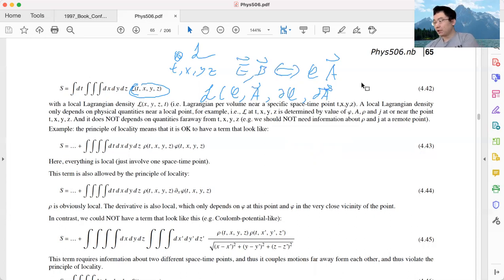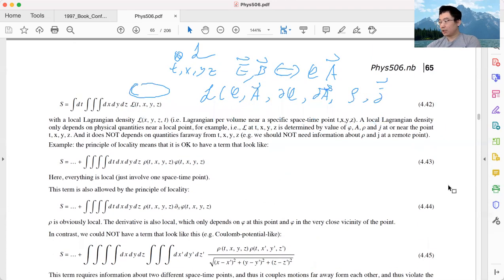And it can also depend on higher order derivatives. I will just write down the first order derivative. In addition, the Lagrangian density can also depend on the charge density at this point. It can also depend on the current density at this point. And it can also depend on the derivative of current density and the charge density, etc. So this Lagrangian density L is a local object.